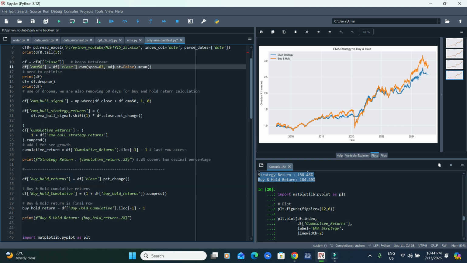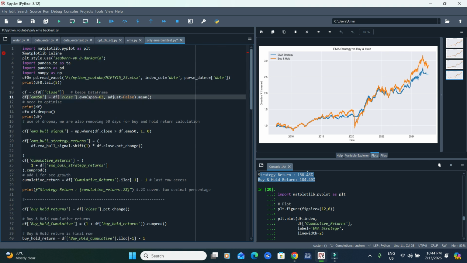Then you can backtest and optimize the EMA for that time frame and compare the returns. Then you can run it in live trading. So in a coming lesson, I will also show you how to run this strategy live, step by step.